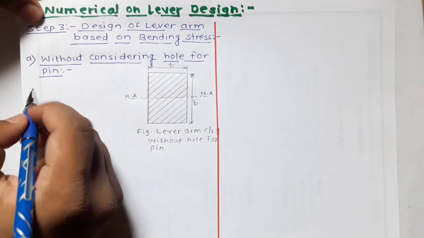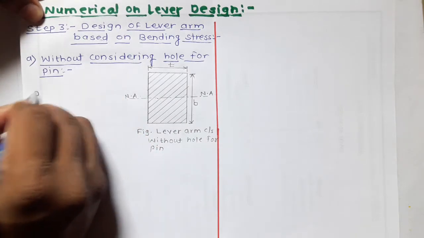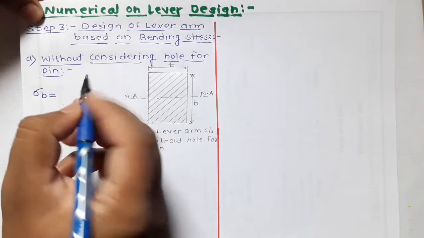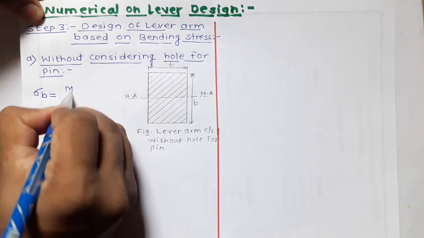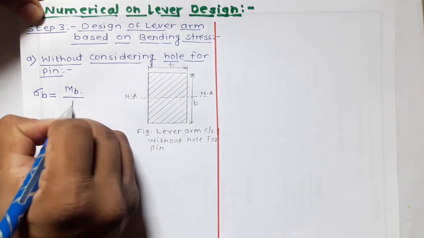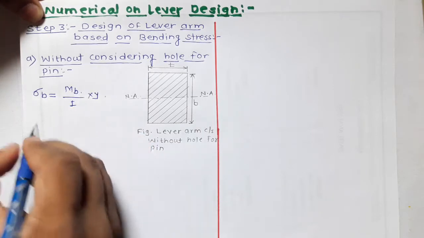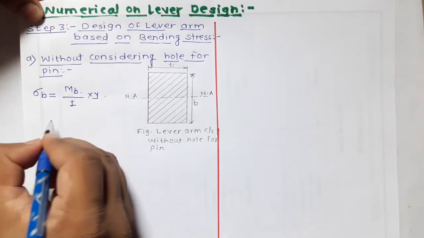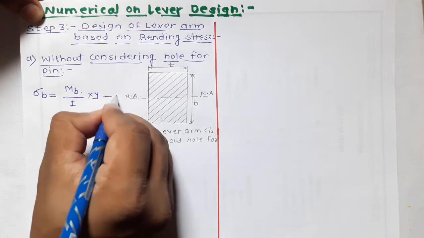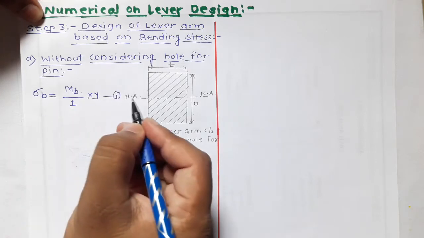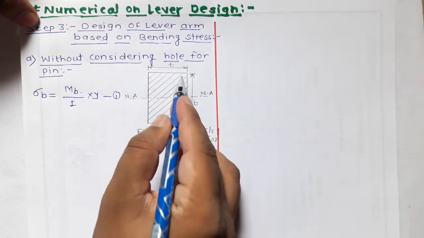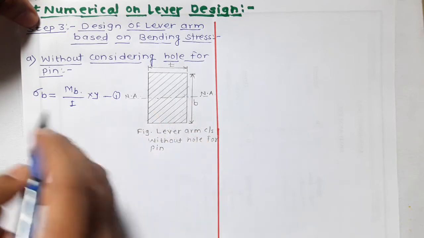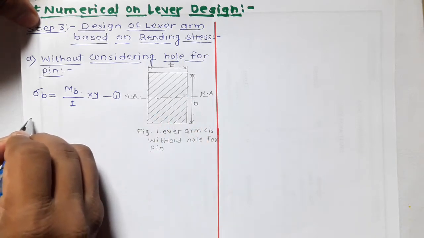So let us consider the bending stress in this lever arm cross section. Sigma b is equal to MB upon I into Y, where MB is maximum bending moment, I is moment of inertia, and Y is the distance from neutral axis. So Y is B upon 2. Let us find out each parameter.